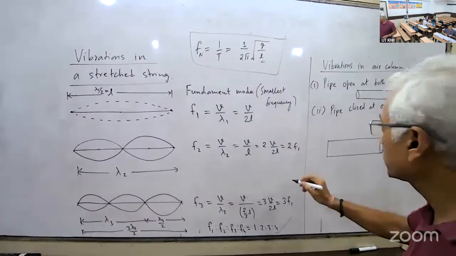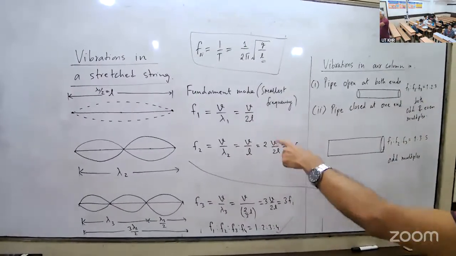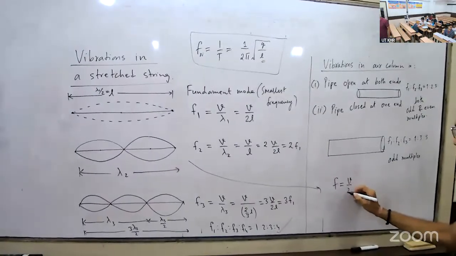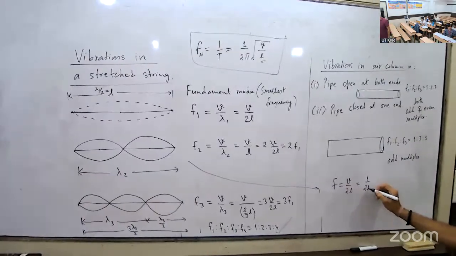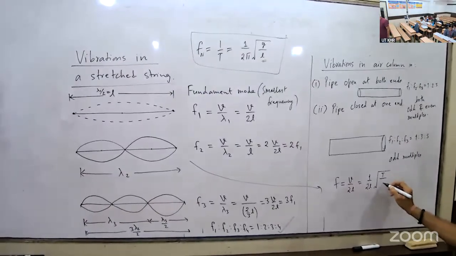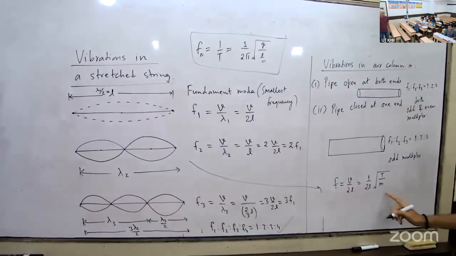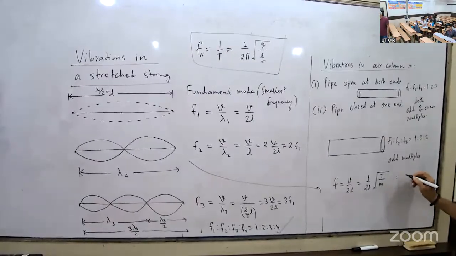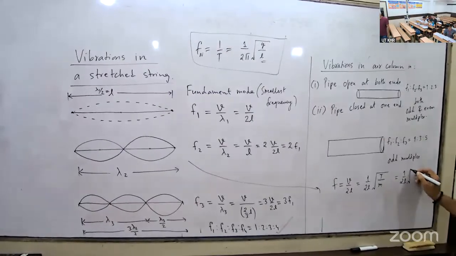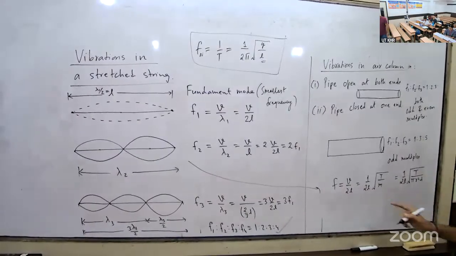So for this case, f is equal to V by 2L, which is equal to 1 by 2L root T by M. And what is M in that formula? Mass per unit length.